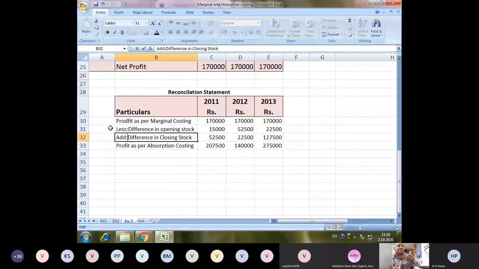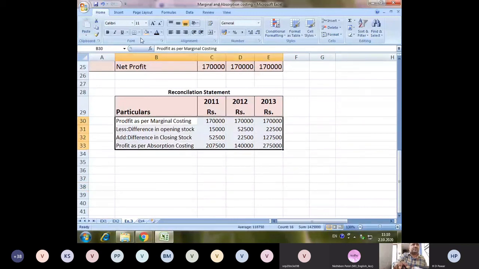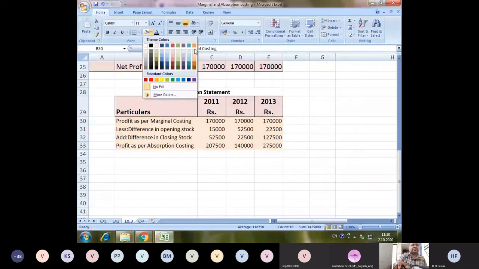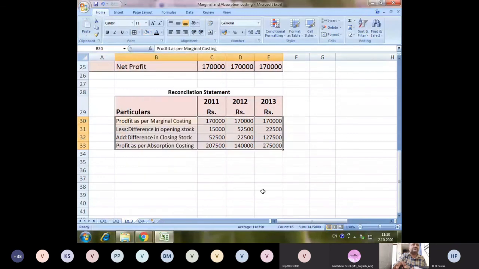Okay, so by the trial and error method you can get the idea which will be added and which will be subtracted, and this formula works in all these 3 years. Clear? So if you are having any confusion, ask me. If not, then we will go ahead. Do you have any problem?